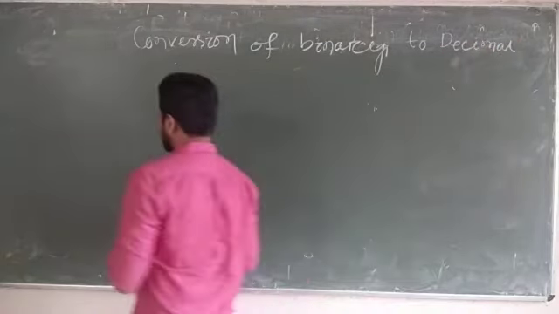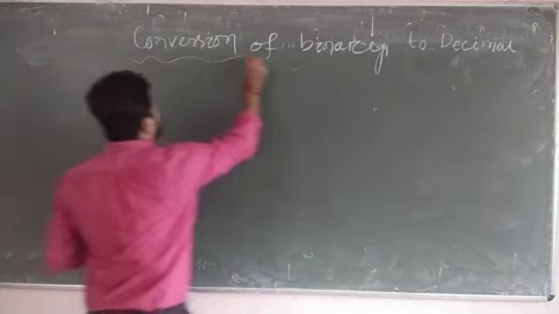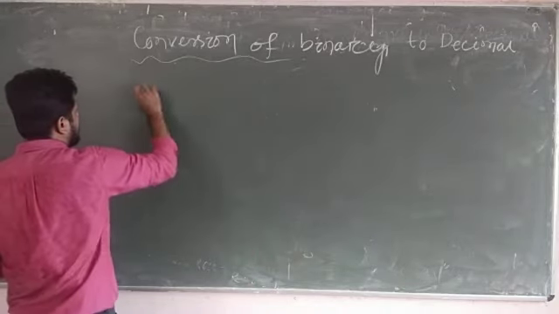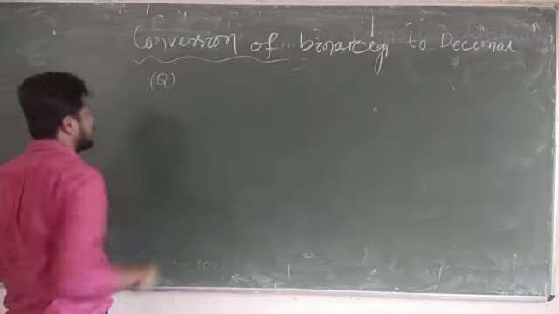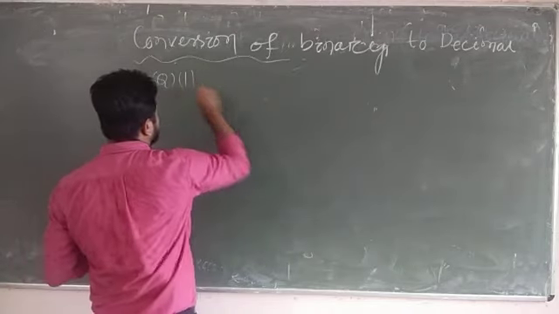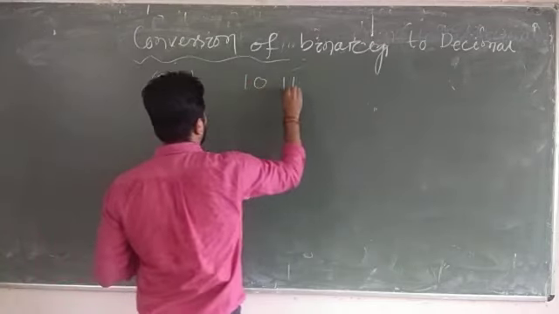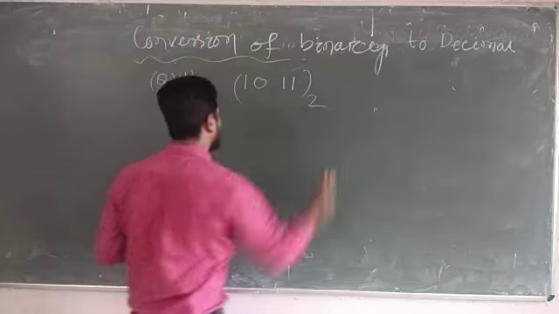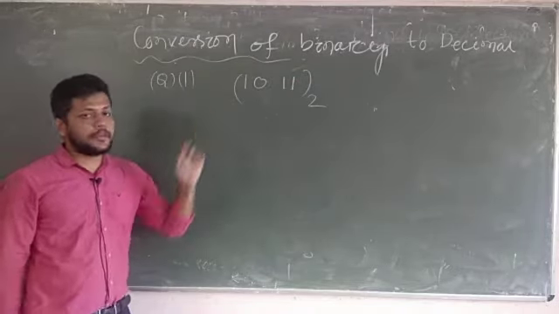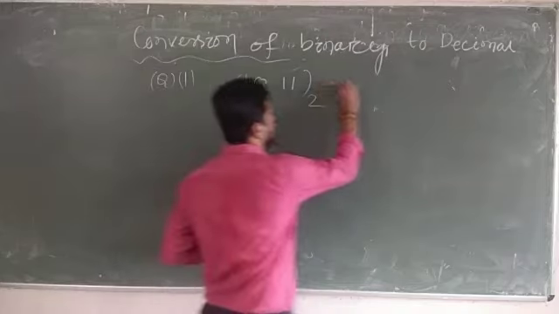So how will we convert that? Always remember, the question is given as 1011. This number is a binary number, and you want to convert this binary number into a decimal number.